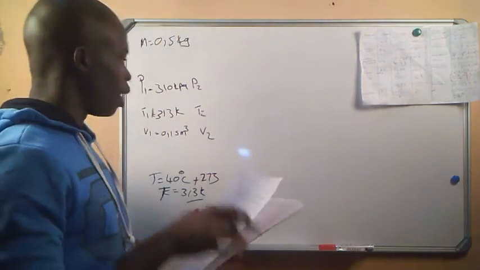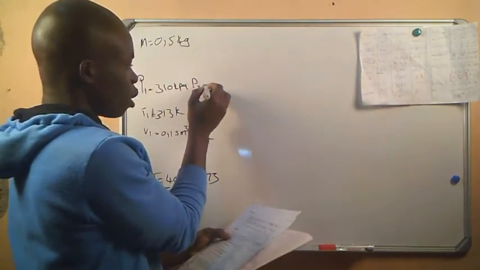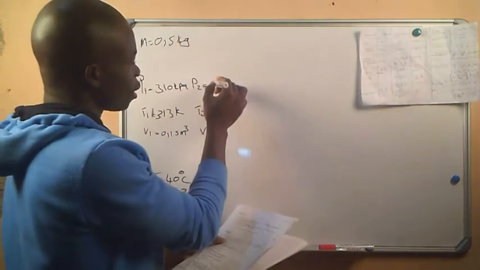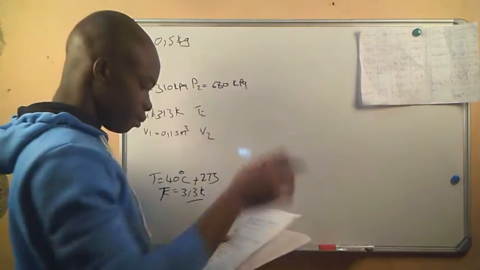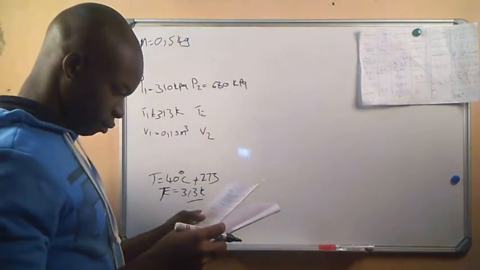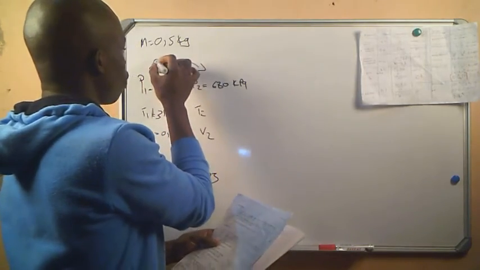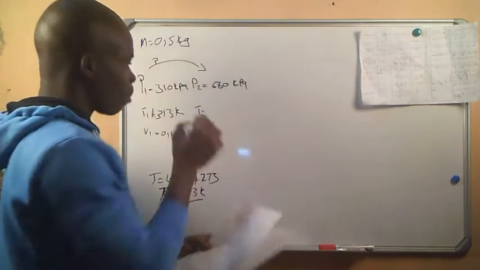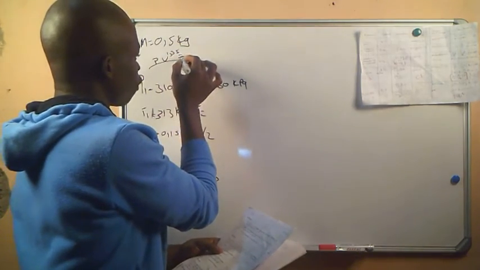To a pressure, now we have P2, to a pressure of 680 kilopascal. According to the law, this is the law by which our expansion or compression is performed.